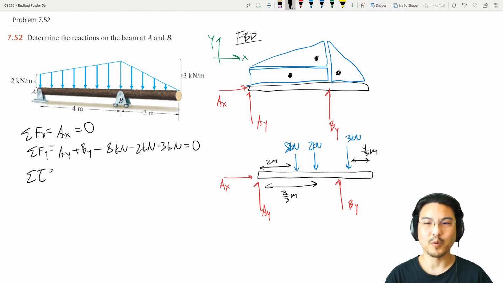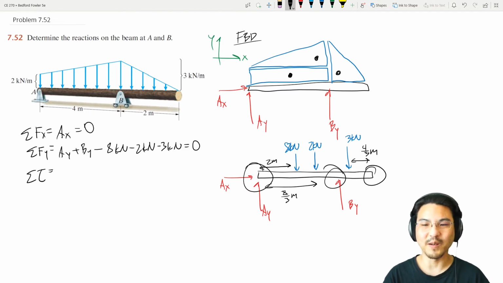Alright, now let's sum torque about wherever we feel like. You can sum torque about A, about B, about the end over here, about the middle. There's no wrong choice. So it's best to choose somewhere with a lot of forces intersecting that point. So like right here is a good choice.